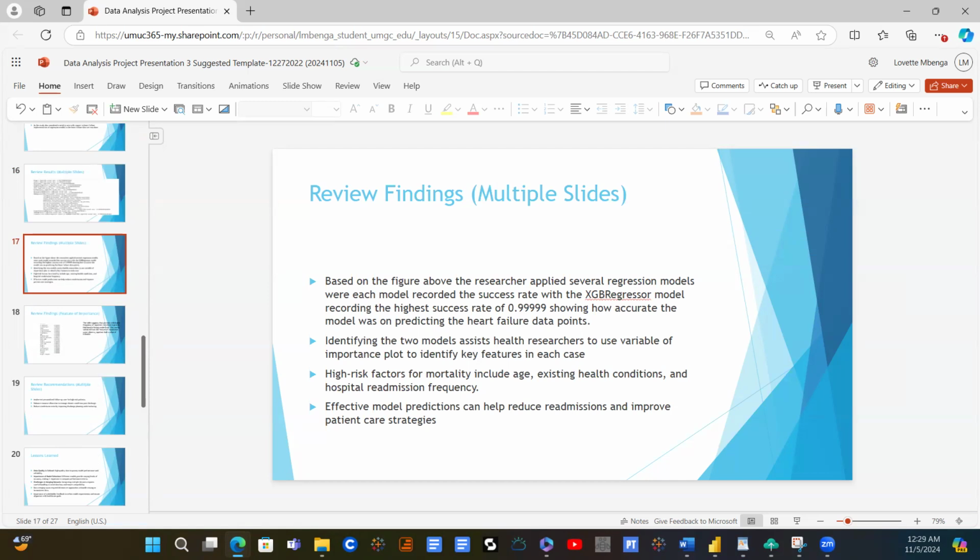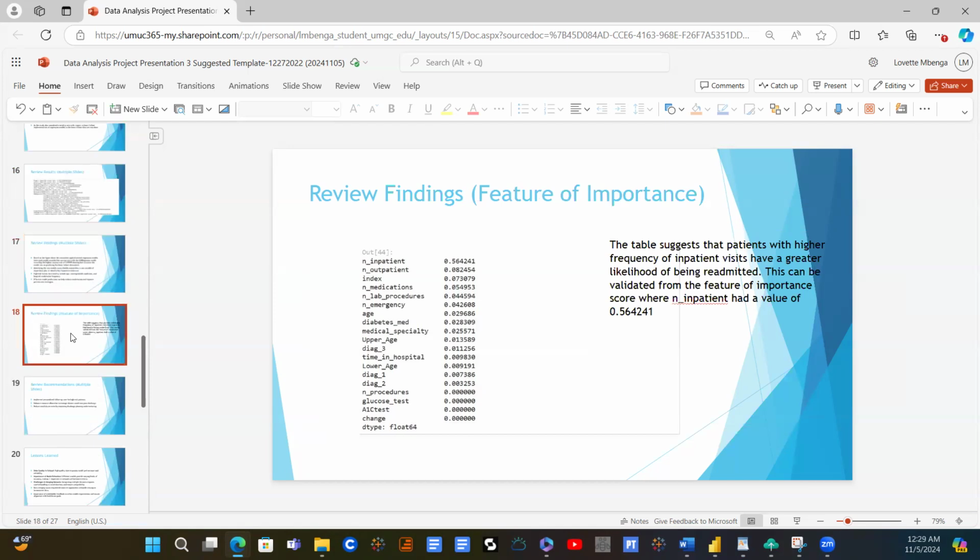The insight I get helps to support targeted care for high-risk patient groups, which in our case is mostly male, and the age group between 50 and 60. You can see that patients with a higher frequency of inpatient visits have a greater likelihood of being readmitted.